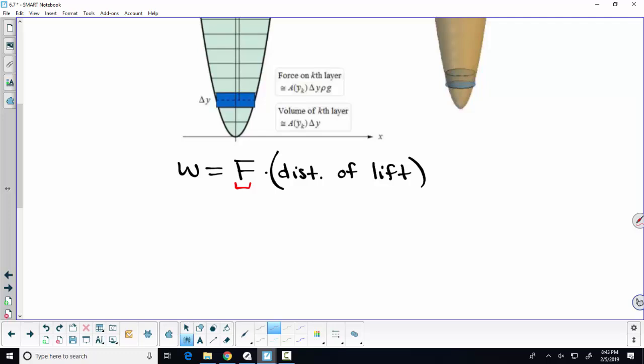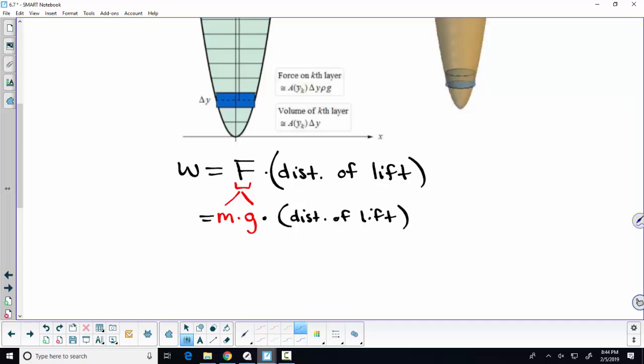The force was what times what? Mass times acceleration. Acceleration is given by what? Gravity. Okay, mass times gravity times distance of lift is equal to work.